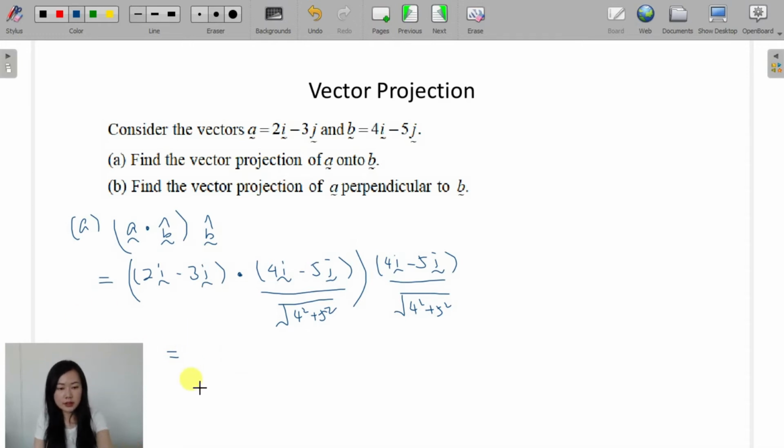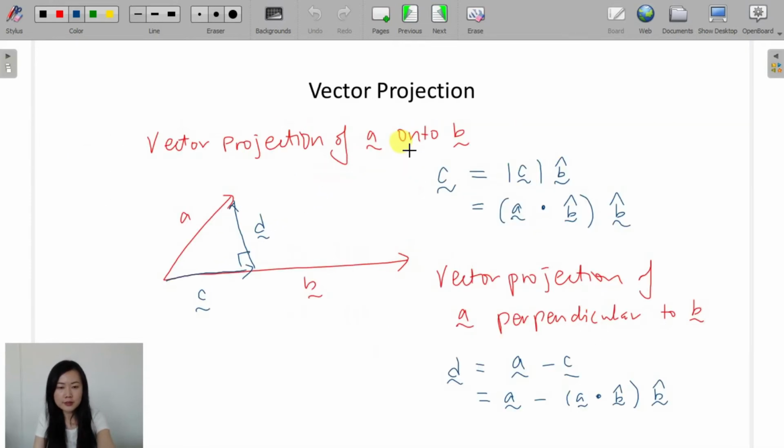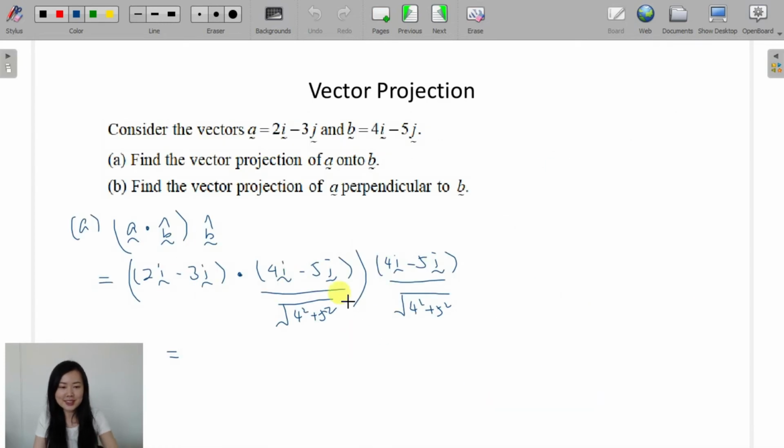I think we may have done this one already. Let's see. 2 minus 3, 4 minus 5. Yeah, we've done this one already. It was 23 on root 41, so I'm just going to steal it. This part is 23 on root 41, because we've done the scalar projection already.